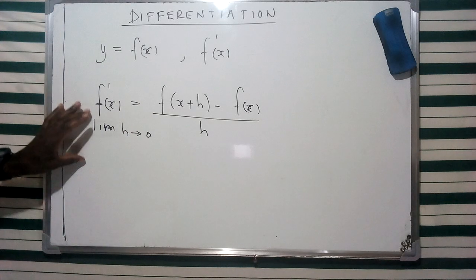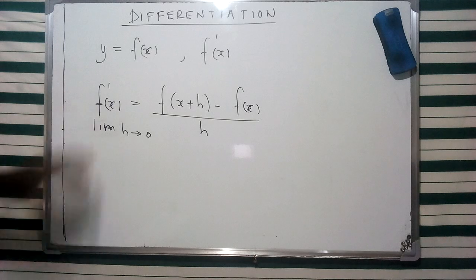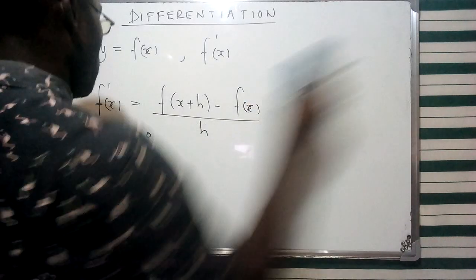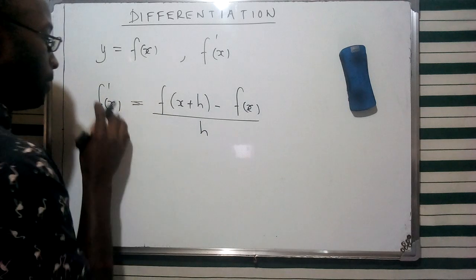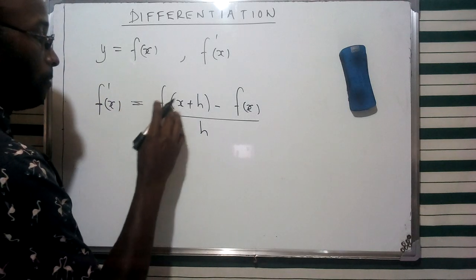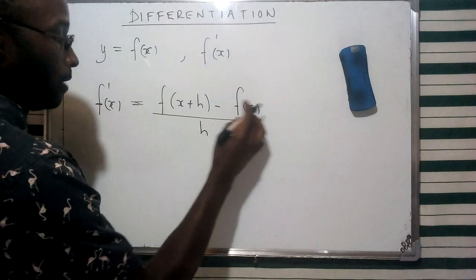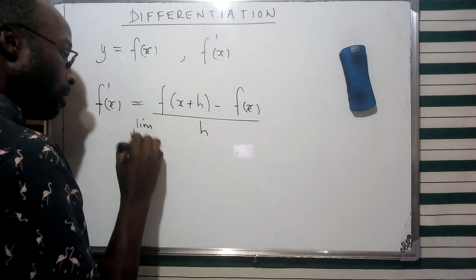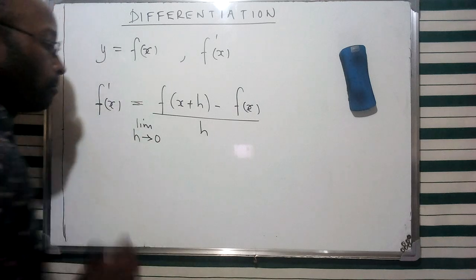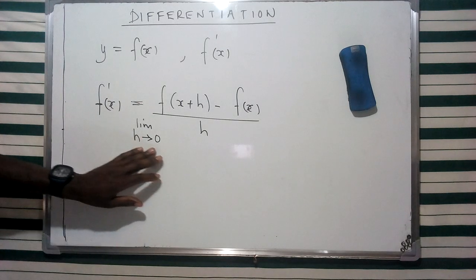So this basically defined the concept of f prime of x, and perhaps I can give this in a more elaborate way. We have f prime of x given as f of x plus h minus f of x over h, the limit of this as h tends to 0.